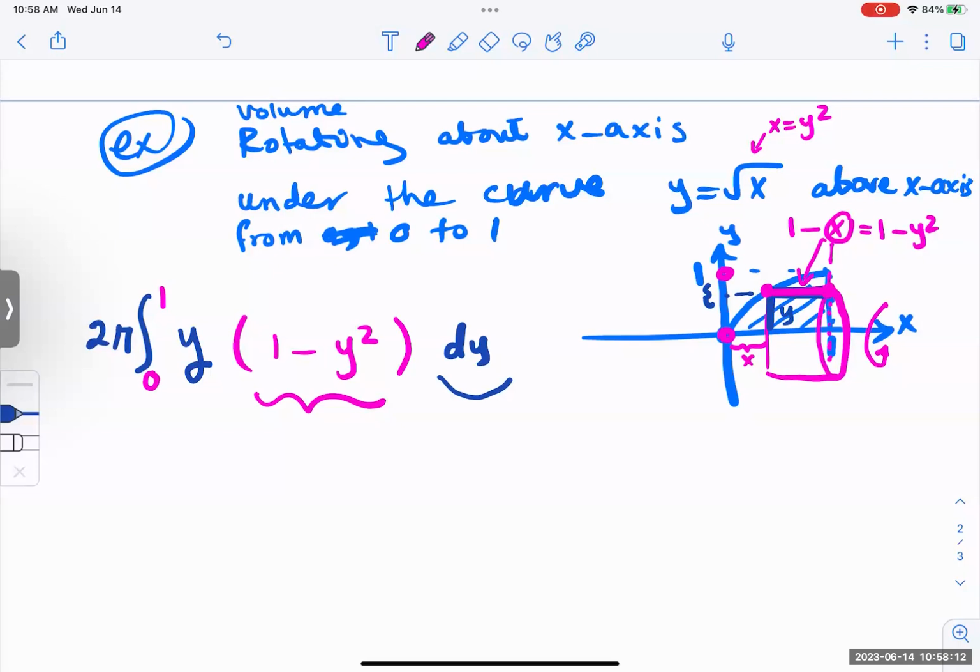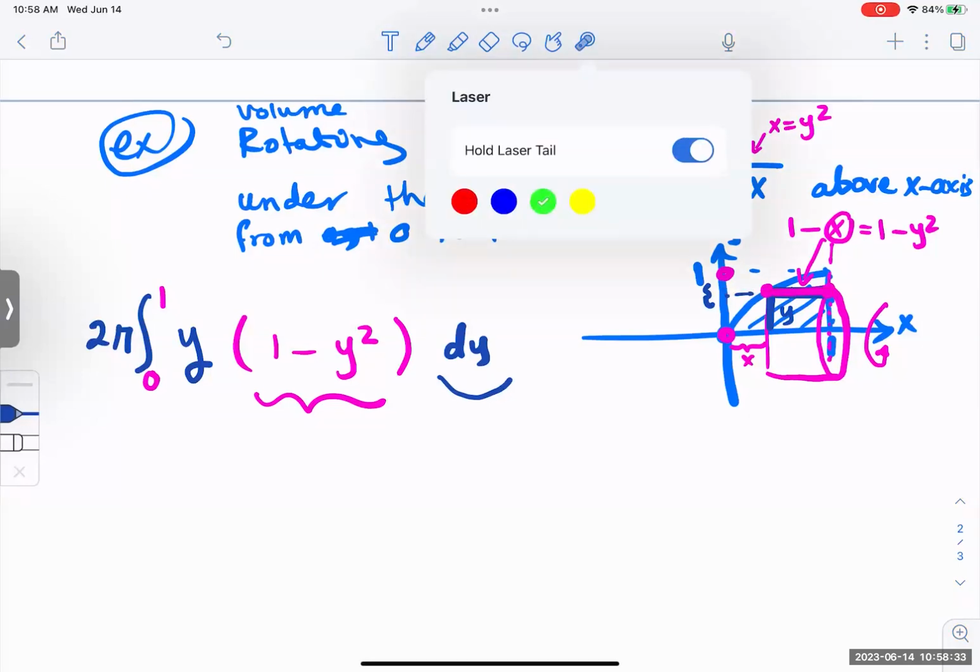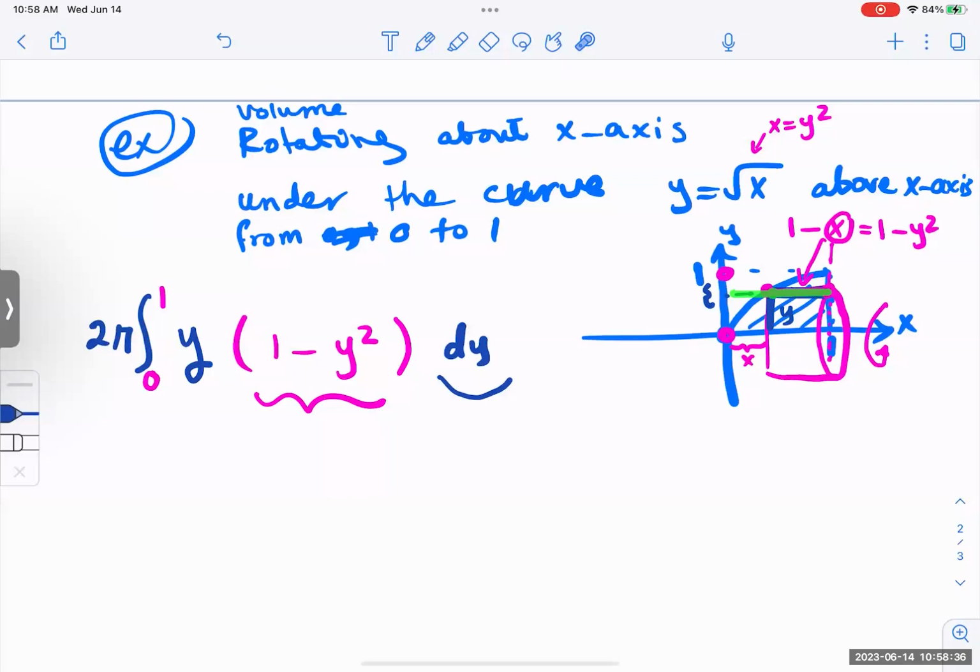Okay, wouldn't 1 minus y be a distance between the y-axis and the function? So look at here. So I have a question. What is this total length to here? Let me change it to green. What is this measure from here to here? One. Okay.